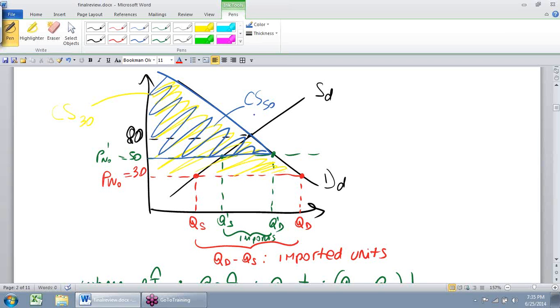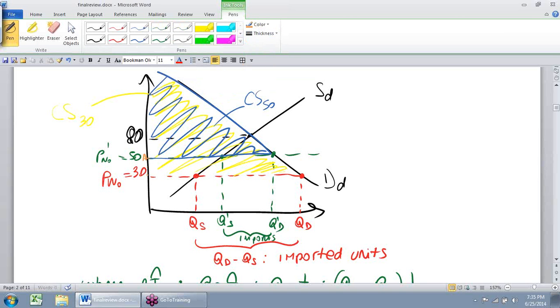So what we have here is that consumer surplus is decreasing by this area.